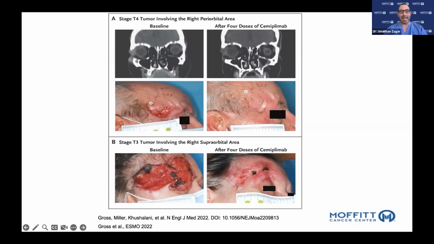Then when we look at the clinical pictures of that patient, you can see the clinical benefit after receiving immunotherapy. And another patient down below, after 4 doses of cemiplimab, or that anti-PD-1 immunotherapy, for squamous cell carcinoma of the right supraorbital area and right forehead.